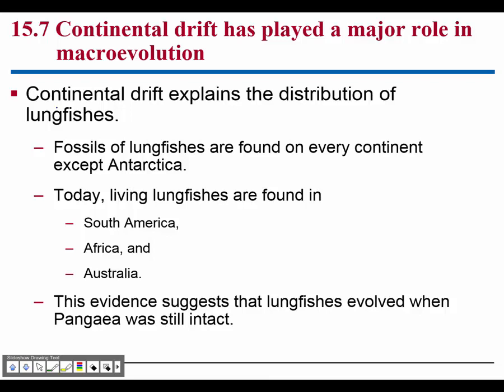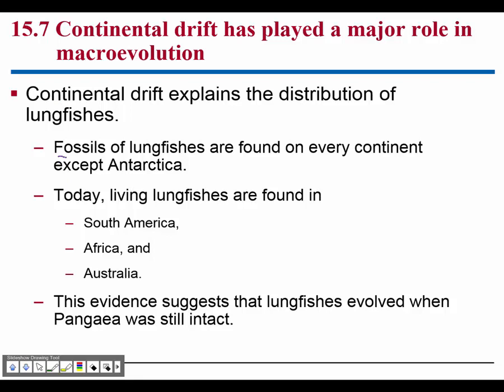Well, they weren't. The plates were moving, and so they were separated for a long time. It's only recently, for us a really long time but geologically very recently, that those have come together. So there's a lot of different things continental drift explains.